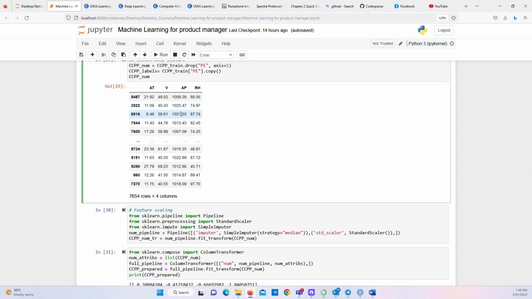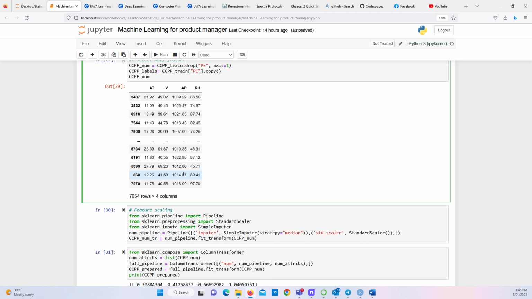And if you don't do scaling and you put all this unscaled data into a machine learning algorithm, the outcome is probably dominated by the one that has a large scale, right? AP. So to be fair, to find out which one is the best contributor to the outcome, we need to scale the data so they are all on the same scale.